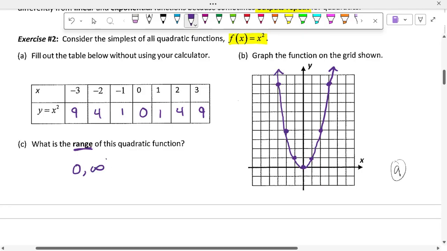Now, we know infinity has a parenthesis. But what do you think 0 will have? The bracket? Yeah. Why would it be a bracket and not parentheses? It's included. Since it's an actual defined value when x is 0, or y is 0, it's defined because it's even in our table.